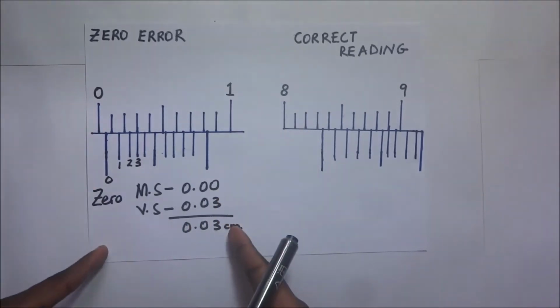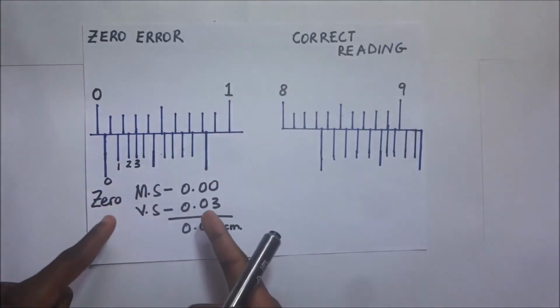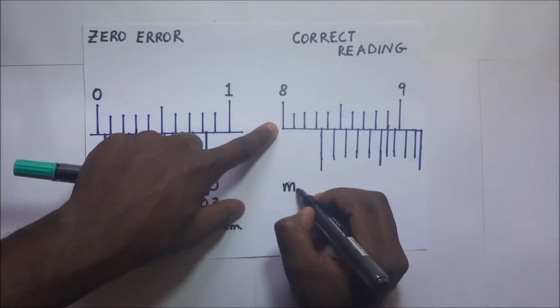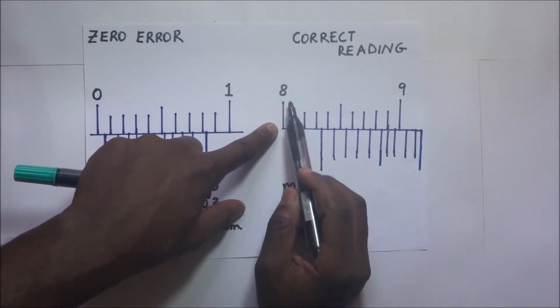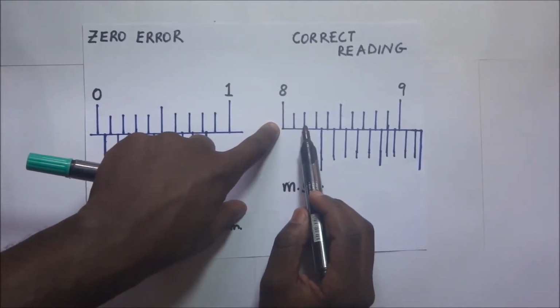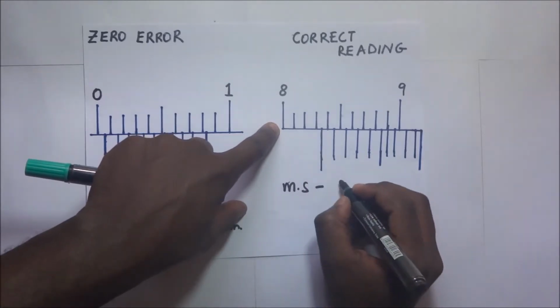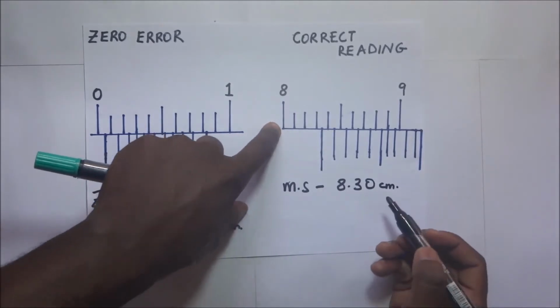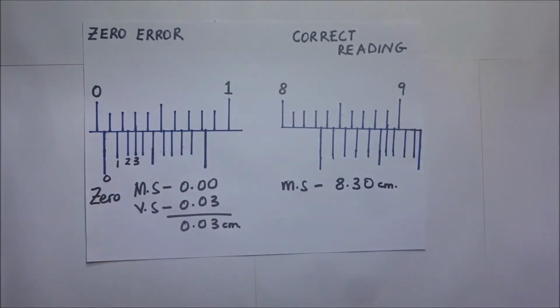So now after getting our zero error, we go ahead and get the correct reading. To get the reading here, the main scale reading is going to be 8.1, 2, 3, so that is 8.30 centimeters. Then we go ahead and read the vernier scale.